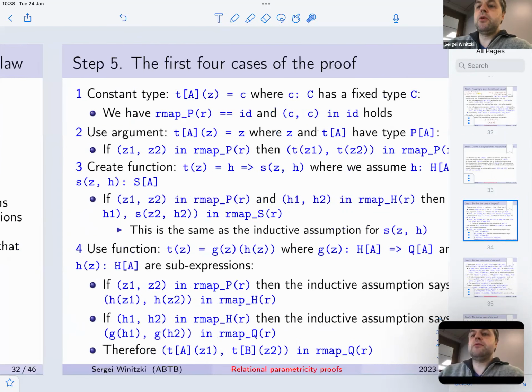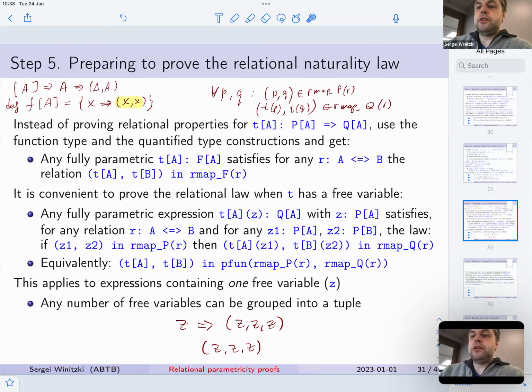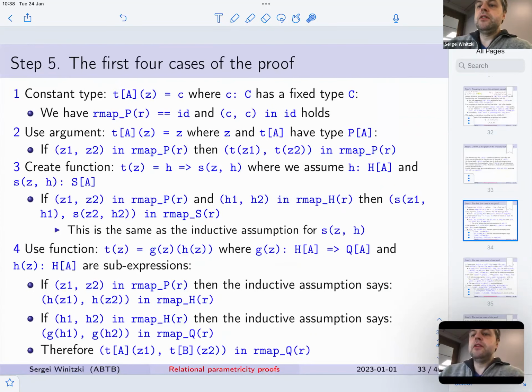So remember, T of Z has type Q of A, and Z has type P of A. And so in this case, because T of Z equals Z, P and Q are the same. And so then this condition becomes identical. If Z is in that, then again, Z1, Z2 is in that same relation. So that holds.